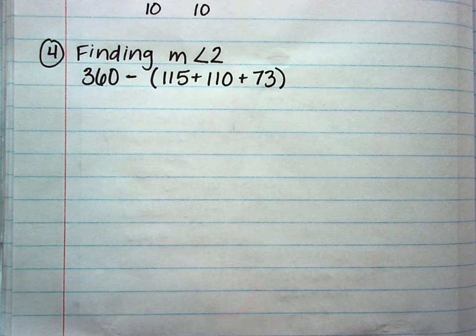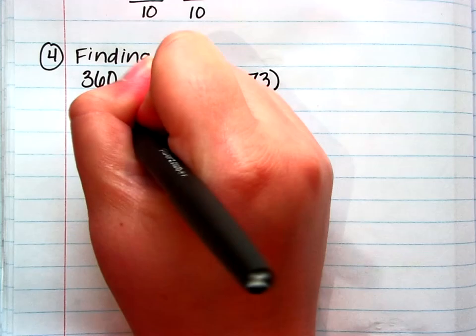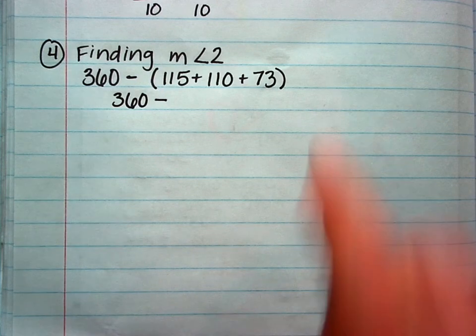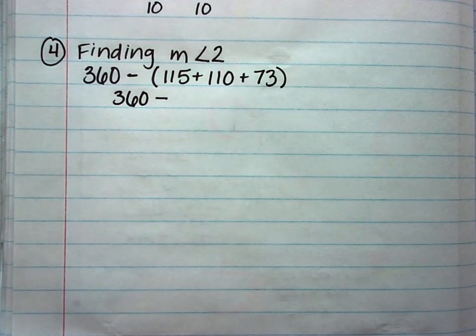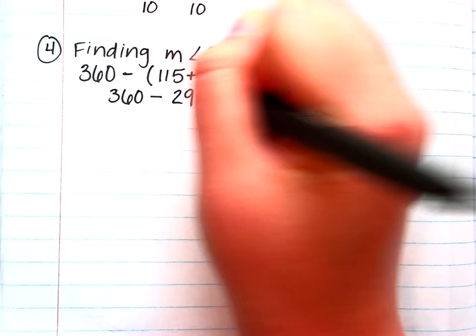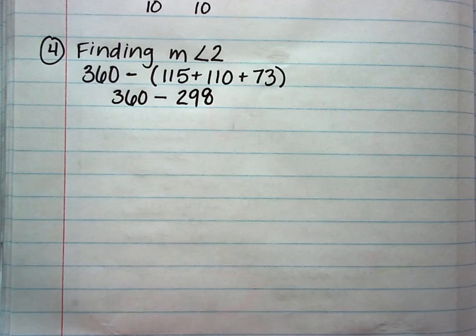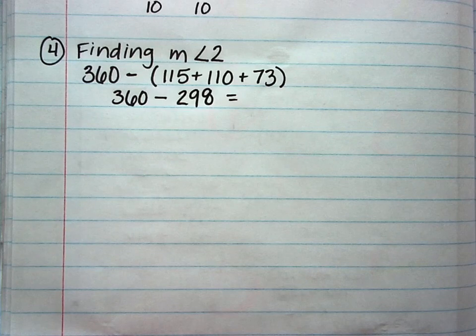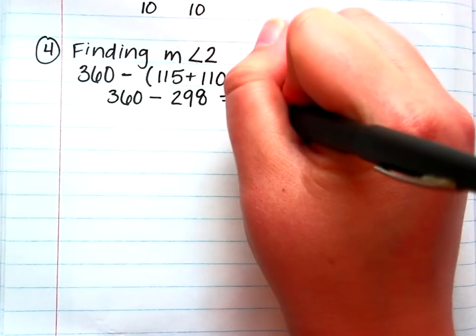Okay, so that would give us 360 minus, I know that's 225, plus 73, we're going to subtract 298 from this. So we get 62 degrees for the arc measure.